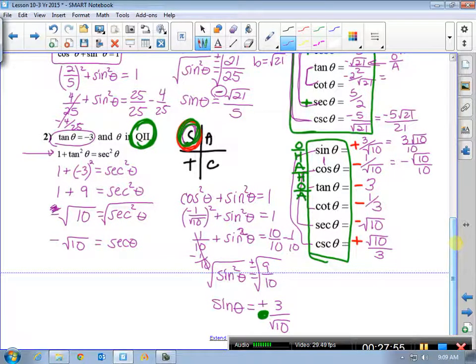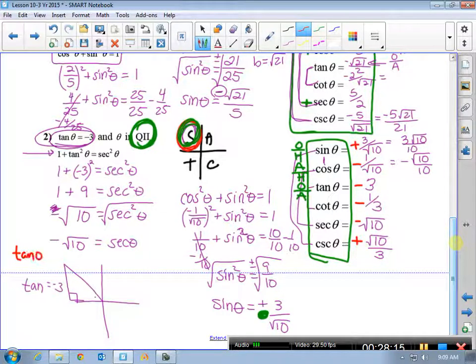So if you're going to draw for tangent theta equals -3, and we're in quadrant 2, there's a quadrant 2 angle, perpendicular to the x-axis. If they tell you tan is -3, and you know tan is opposite over adjacent, SOHCAHTOA, you need another number, so -3 can be put over 1.